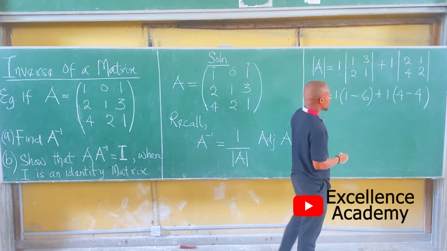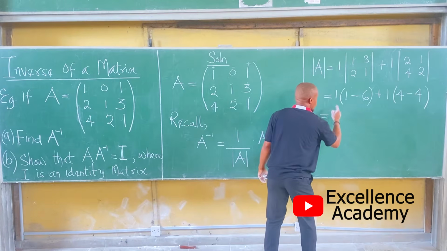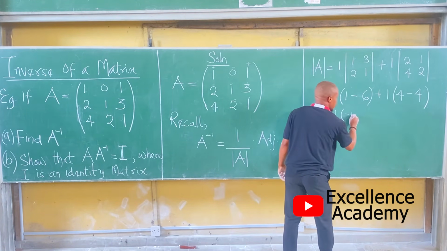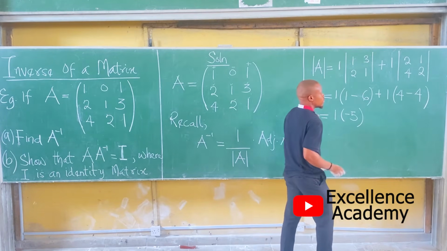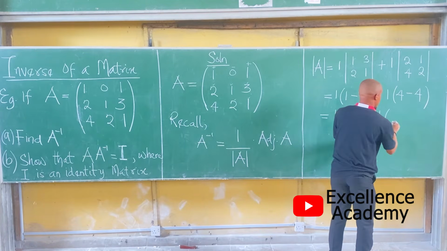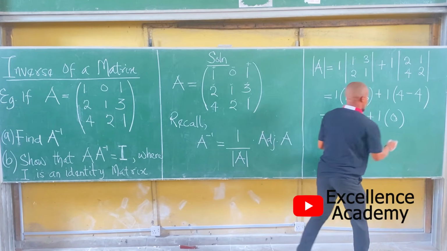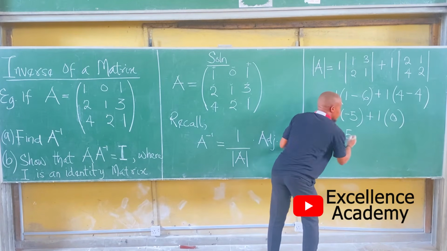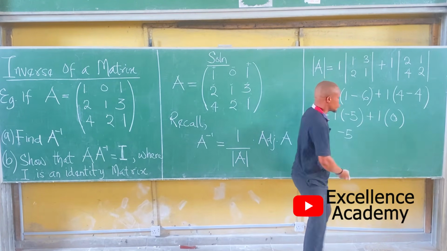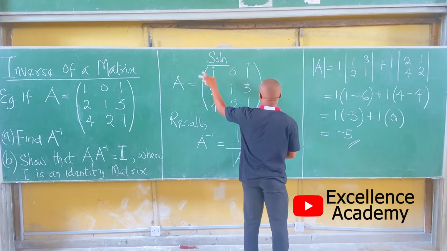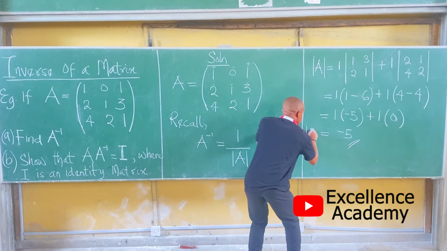Therefore, 1 minus 6 gives me what? A minus 5. Plus 1, 4 minus 4 gives us what? 0. Therefore, I'm having 1 times this minus 5, and 1 times 0 gives you 0. So minus 5 plus 0 gives us what? Minus 5. Therefore, the determinant of this matrix is minus 5.